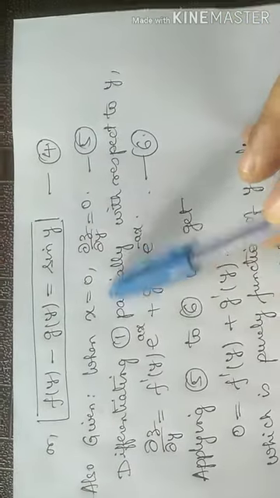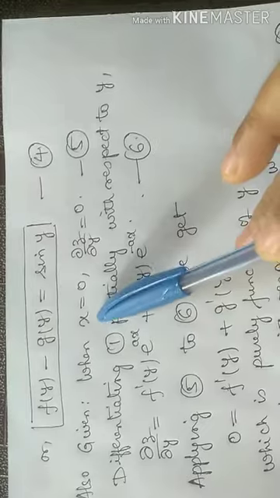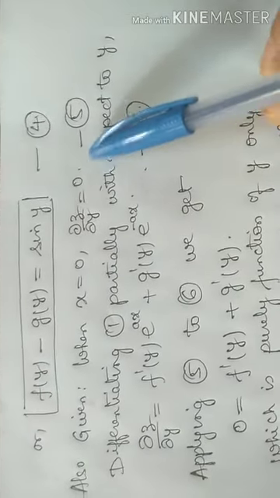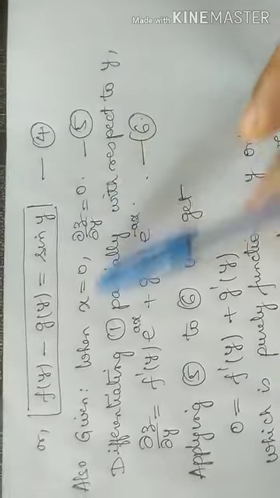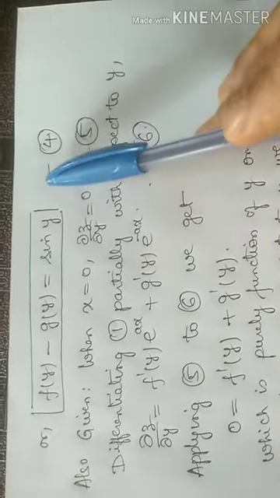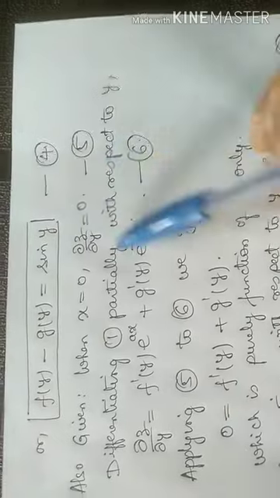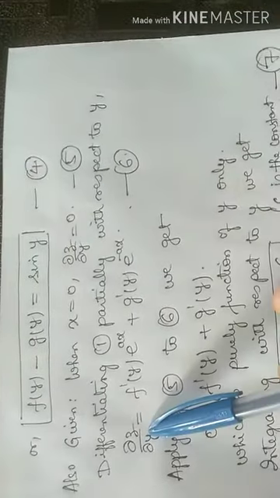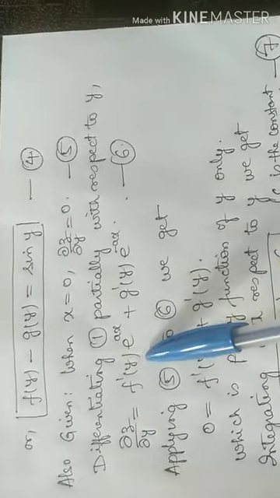Now applying the second condition, that is, when x = 0, ∂z/∂y = 0. Again here a partial derivative is involved, so directly this condition cannot be applied to 4. We have to differentiate 1 partially with respect to y.